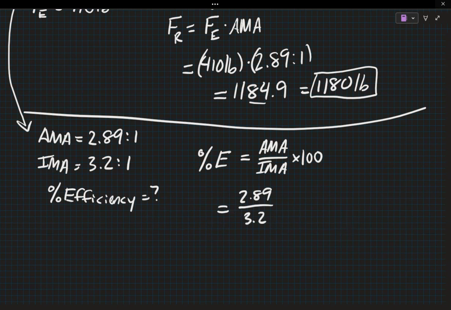Most times, AMA will be less than IMA. And the reason that I say most times is, let's say that you do an experiment and you collect some measurements. It's entirely possible that you could get that your actual mechanical advantage was greater than your ideal mechanical advantage. And if that happens to you, that means that you have made some sort of a measurement error, or that you measured your distances wrong.